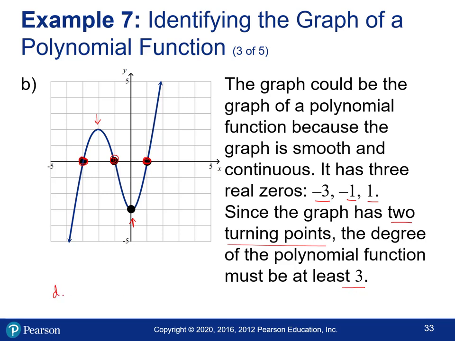Because if the degree is 3, then we had 2 or less turning points. So we kind of just worked it backwards. We said if we had 2 turning points, then the degree has to be at least 3. So this is a degree 3 at least polynomial.